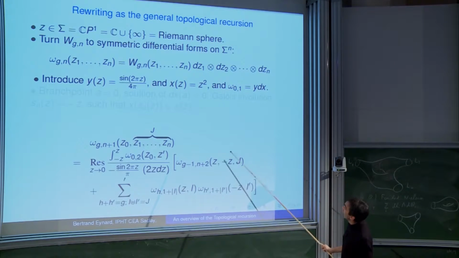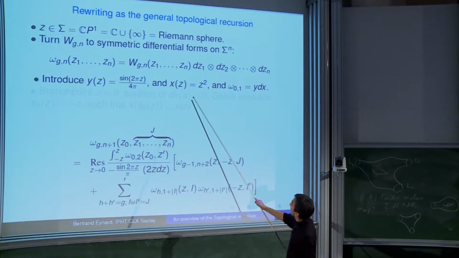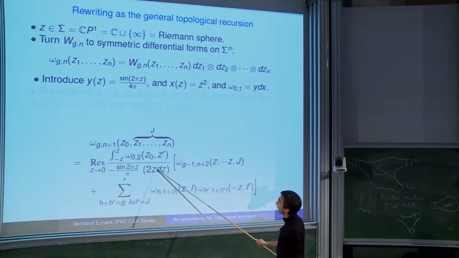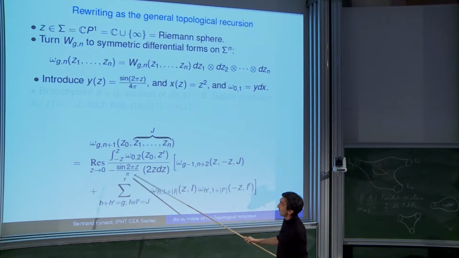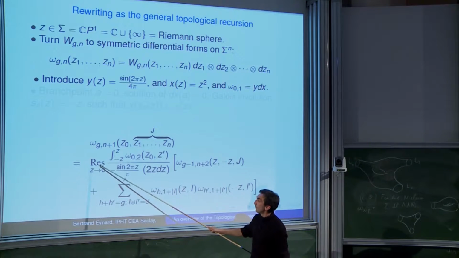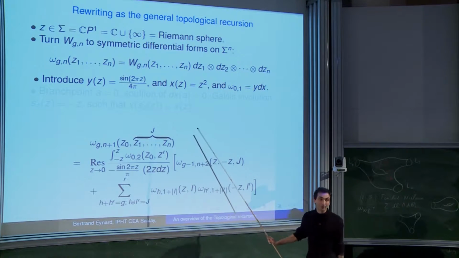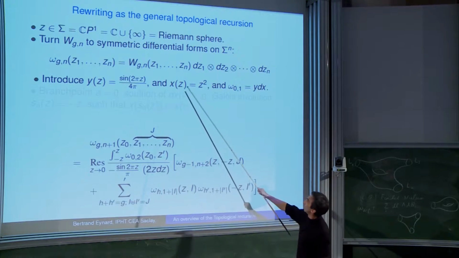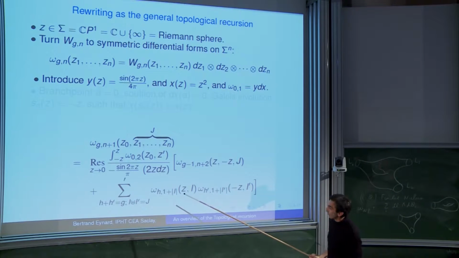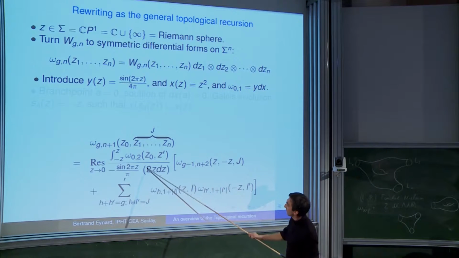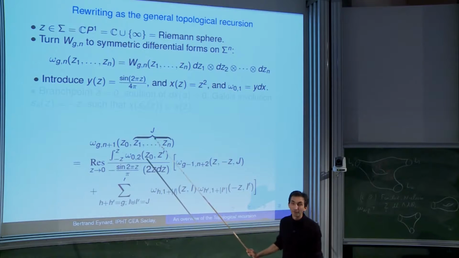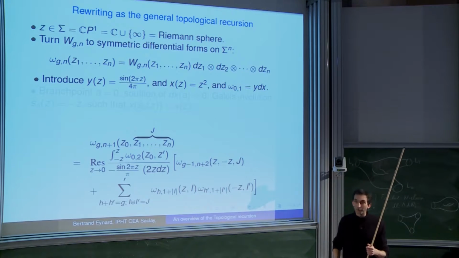And another remark is that the differential of z square, 2z dz, vanishes at z equals 0. Well, this is why we need to take the residue at a point where there is a pole, of course. But we know that there is always going to be a pole at the zeros of dx. So the general situation would be to replace this by dx and this 0 by the zeros of dx, the places where dx vanishes.